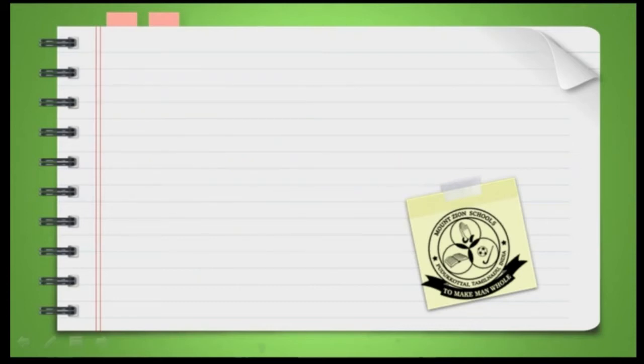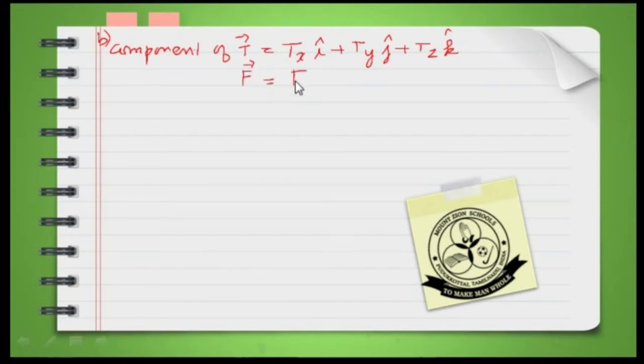How will you write the T vector? Components of T vector, this is B. The component of T vector is equal to Tx i cap plus Ty j cap plus Tz k cap. And similarly, the components of F vector are Fx i cap plus Fy j cap plus Fz k cap.